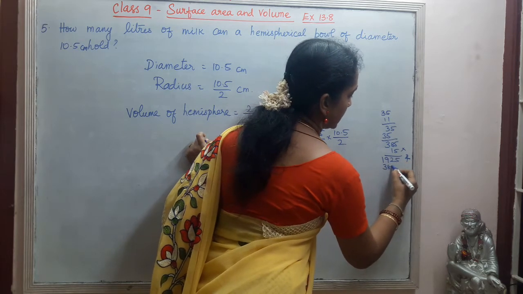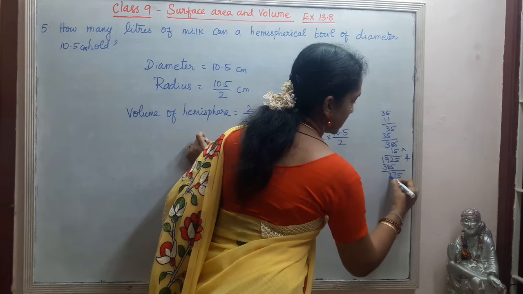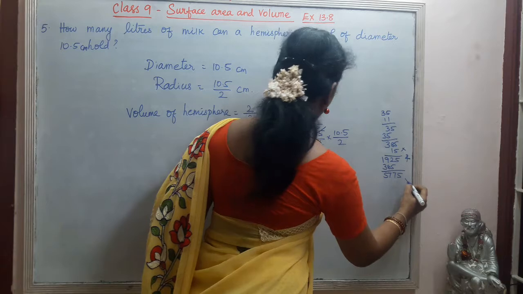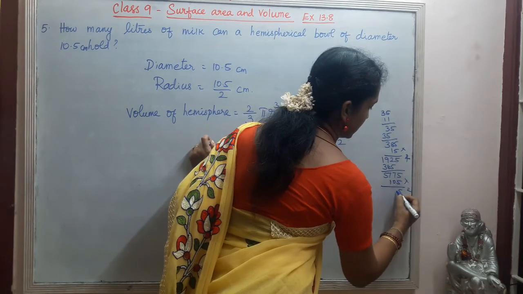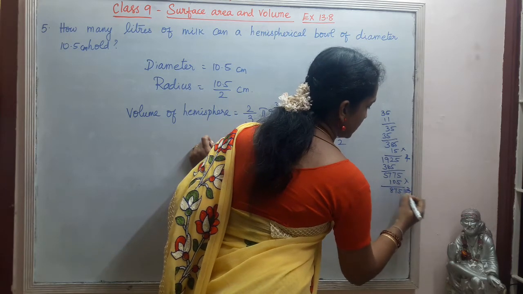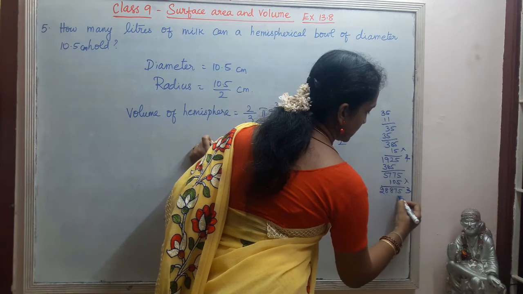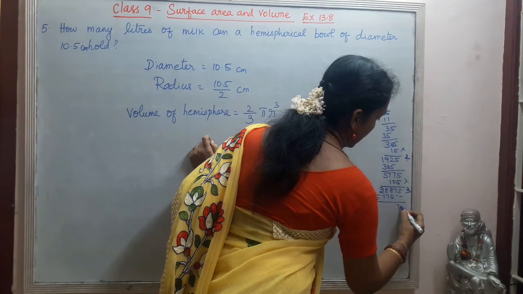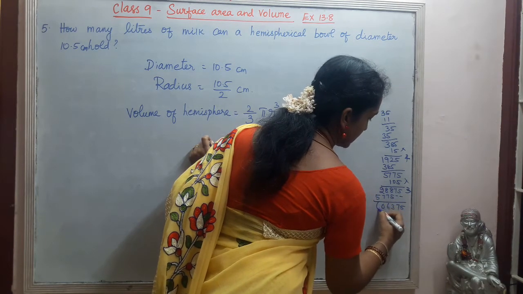Then 385 into 105. 5 5s are 25, 7 5s are 35, and so on. Then if we add, we will get the result.